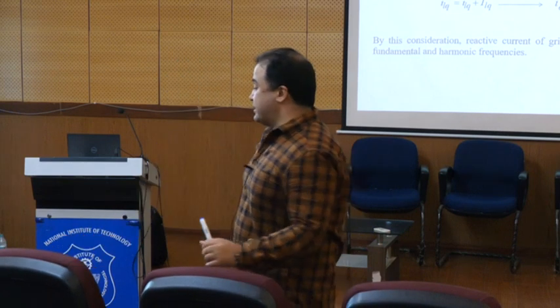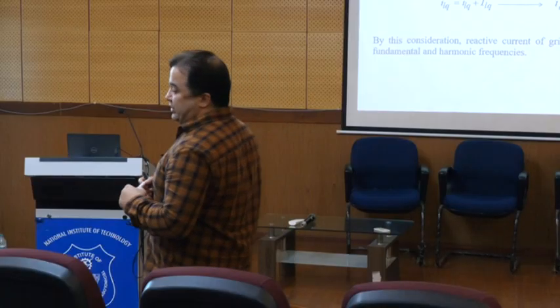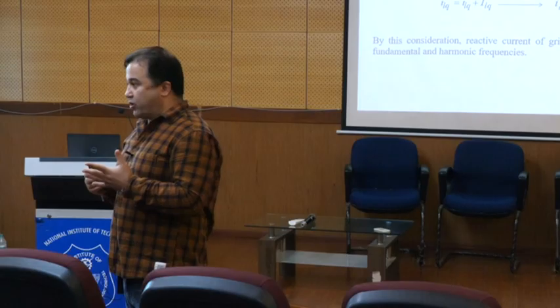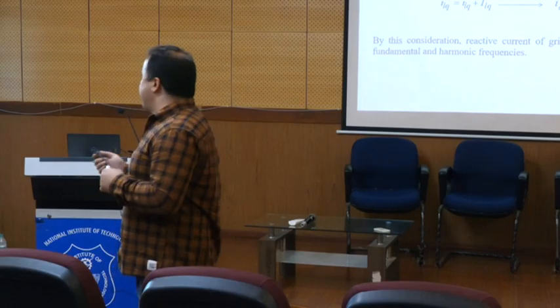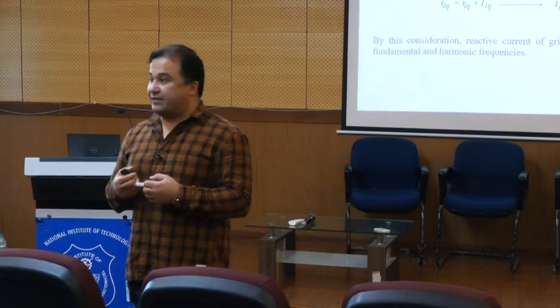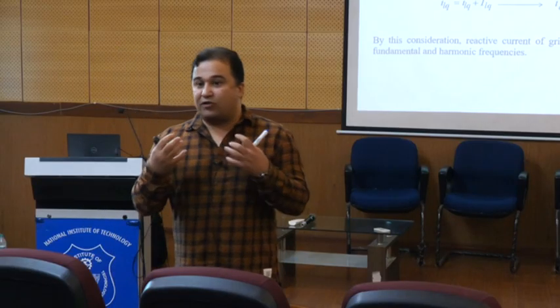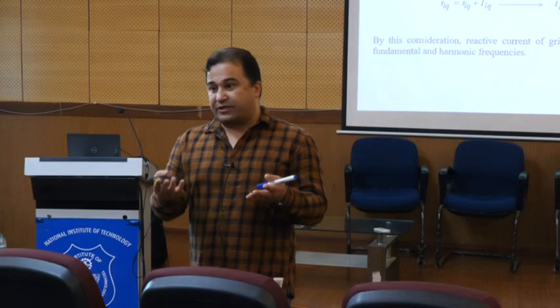The main responsibility of the distribution company is providing active power for us. So if we have a load with reactive power or fundamental harmonic frequency, in fact, we are making a problem for the grid.